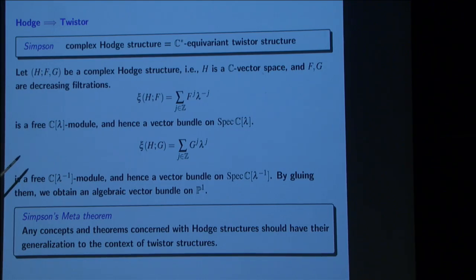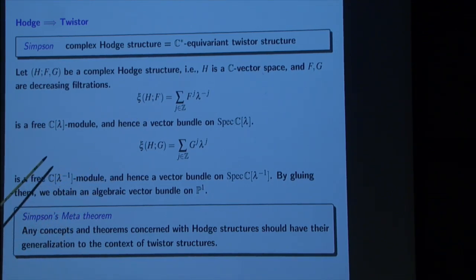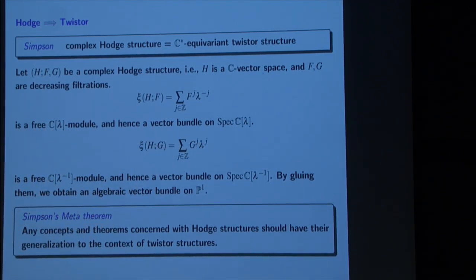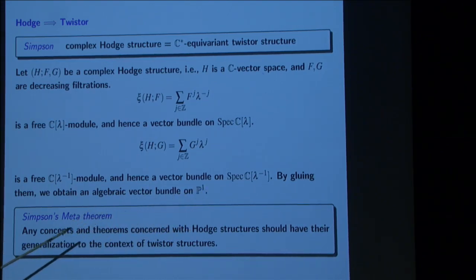By applying the Rees construction to the vector space with one filtration, for instance F, we obtain a free C[lambda]-module, which gives a vector bundle on Spec C[lambda]. Similarly, by applying the Rees construction to the vector space with another filtration G for the variable lambda inverse, we obtain a vector bundle on Spec C[lambda^{-1}].